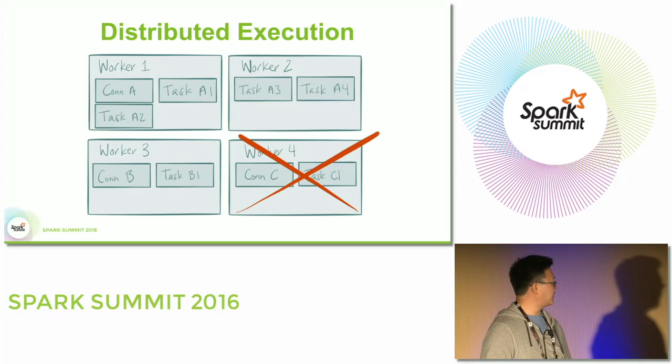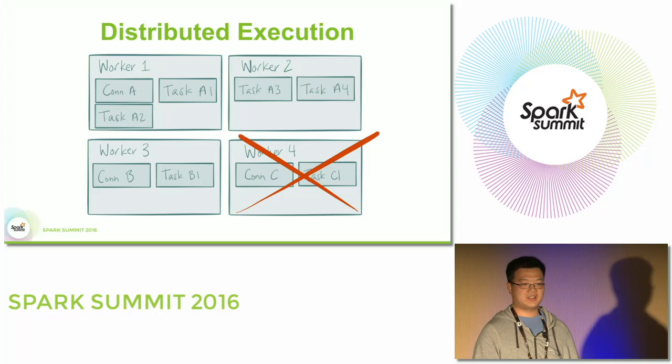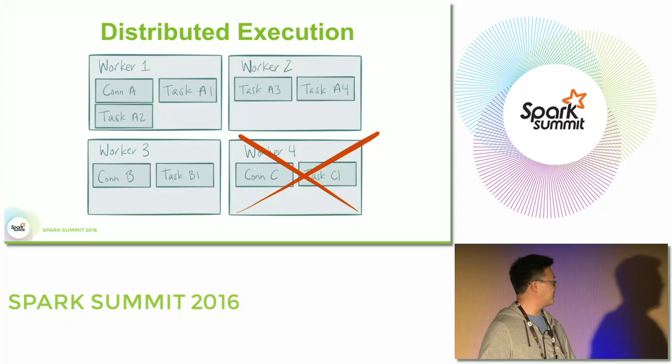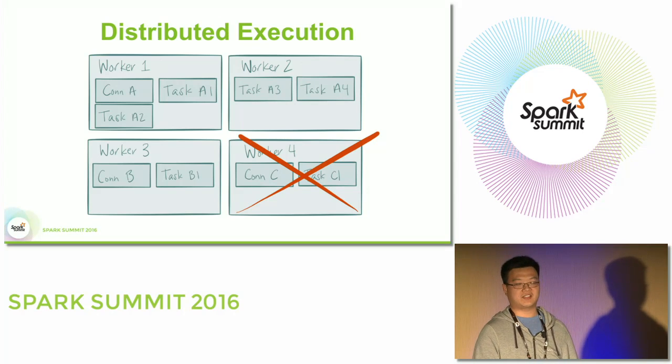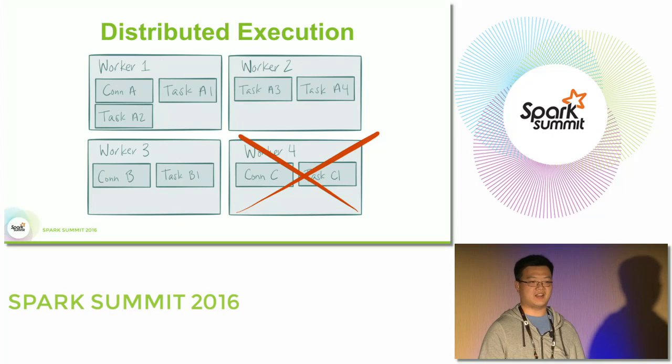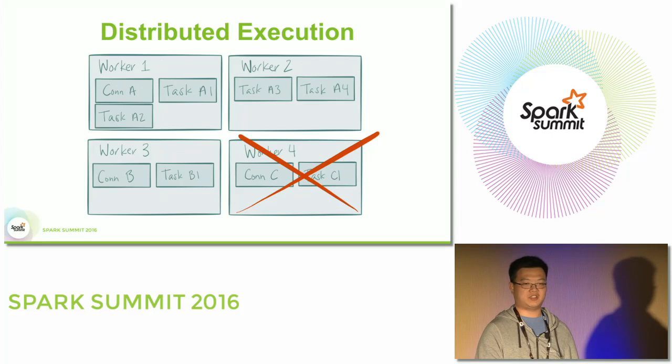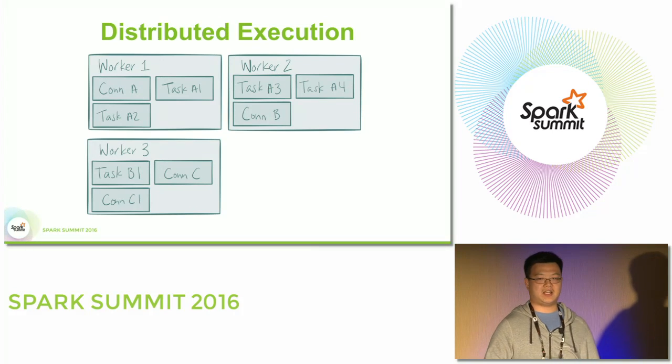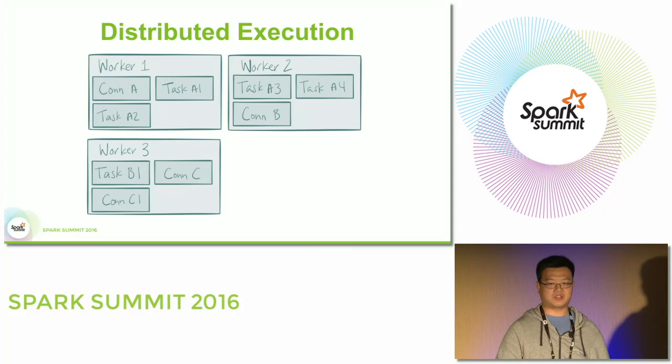For example, if one of the workers dies, which hosts task C of a connector, it will be detected by the Kafka brokers themselves, which notify the Kafka Connect runtime to say, okay, now you need to rebalance some of the work or migrate the failed tasks to your alive worker nodes. And the Kafka Connect runtime will automatically remigrate those tasks from one of those worker nodes to other worker nodes.